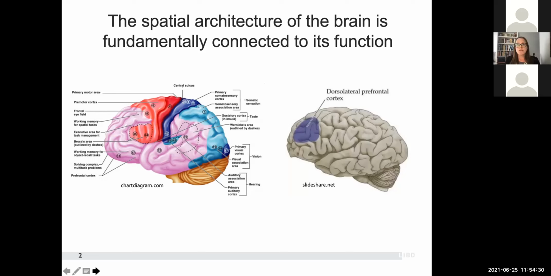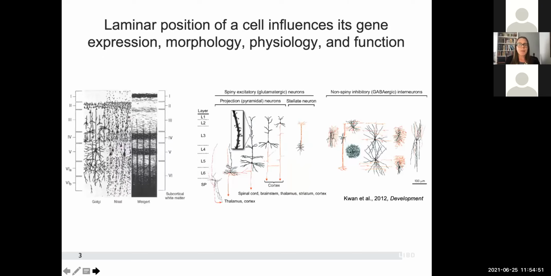The dorsolateral prefrontal cortex, which I'll be referring to as the DLPFC, is especially important for executive functions, including working memory, cognitive flexibility, and planning. Disruptions of this brain region have been associated with several psychiatric and neurodevelopmental disorders, including schizophrenia and autism spectrum disorder.